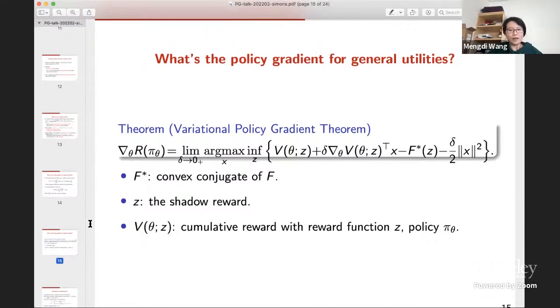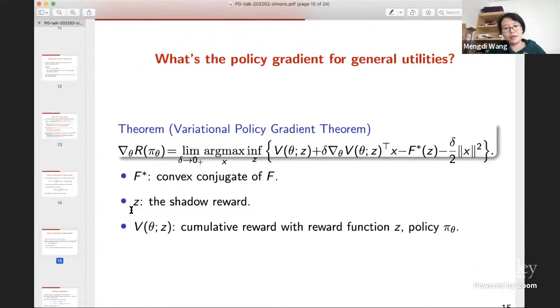Okay, so it turns out that if we return to the fundamental optimization structure of Markov decision process, one can show that the policy gradient for this much more general utility function is equivalent to the solution of a min-max optimization problem. So the trick here is actually very simple.